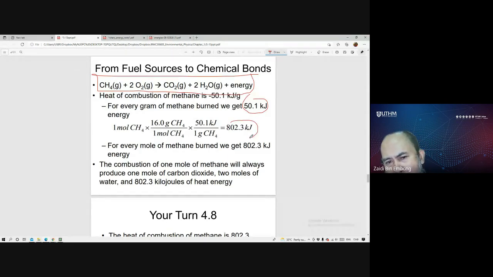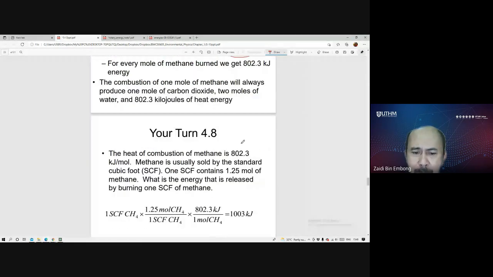Finally, 1 mole of CH4 will give you around 802.3 kilojoules. This is how we calculate.